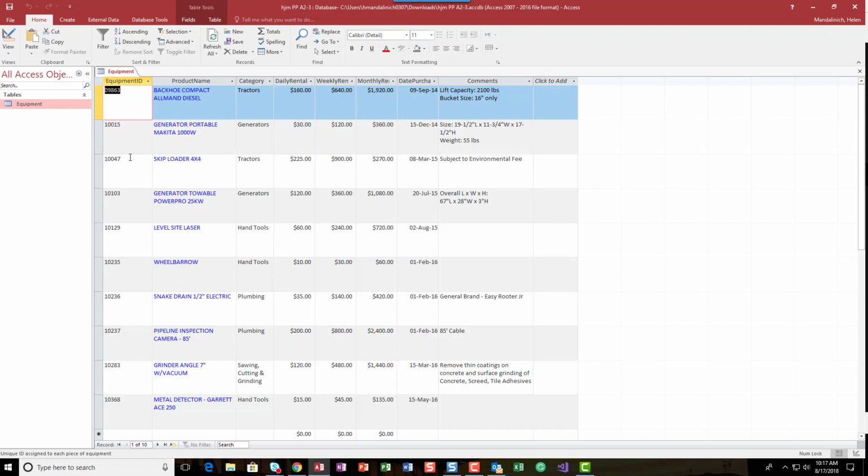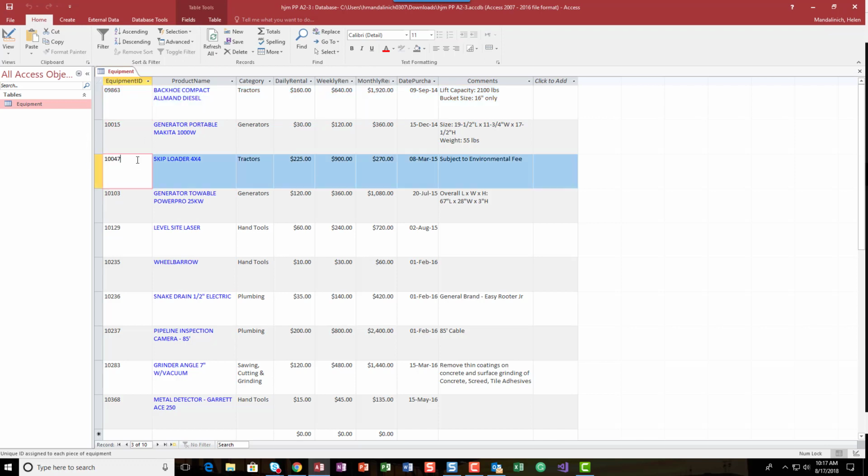If we think about this service record, and let's look at the skip loader 10047, there's one record in the equipment table. There could be many records in the service history table. So we would say the relationship between the equipment table and the service history table is a one-to-many.